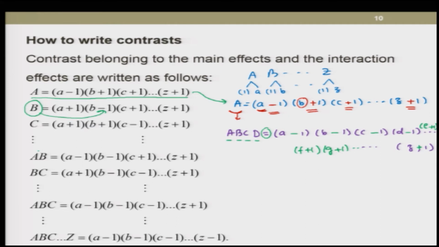Similarly, if you take AB, A and B are the 2 common letters. So, A and B will be with minus sign, and all other factors, C plus 1, D plus 1 up to Z plus 1, will occur with plus 1 sign. And finally, if you come to ABC up to Z, all the factors on the left hand side and right hand side are there. So, everything will appear with minus sign.